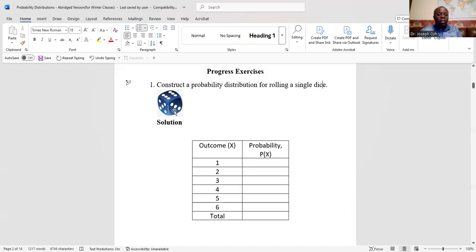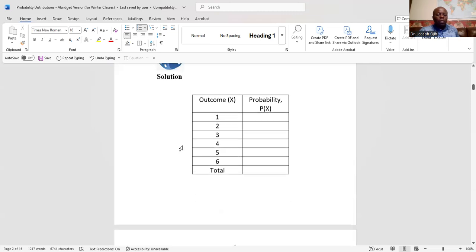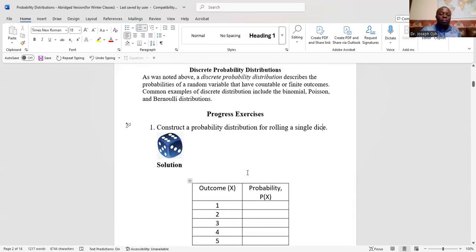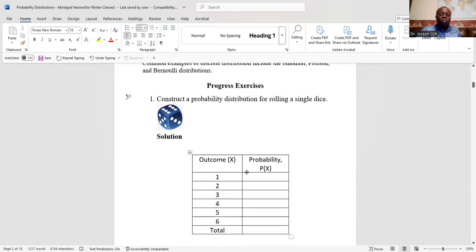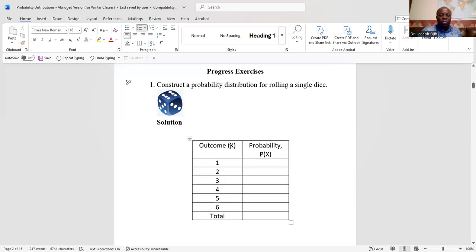You can see the dice right here. Knowing that this kind of distribution involves the outcome and the probability of those outcomes, you make a table like this. The outcome X and the corresponding probability, which is the P(X).